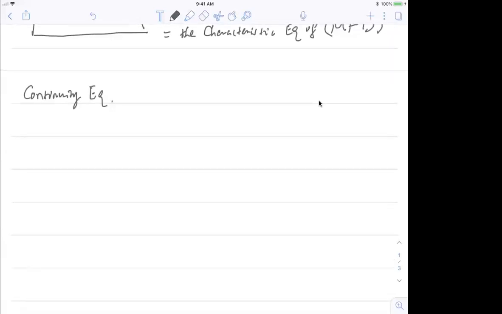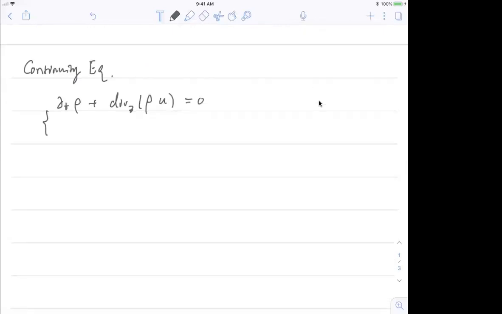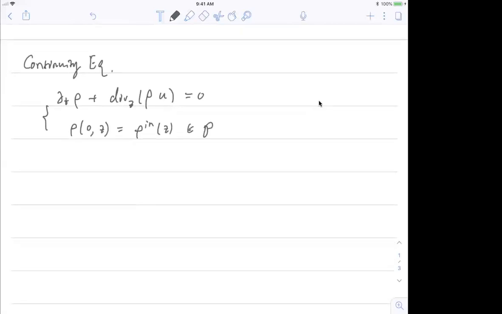So let's consider a continuity equation like partial_t rho plus divergence_z (rho U) equals 0. And we associate this continuity equation with initial data, let's call this rho initial, a probability density in R^d.